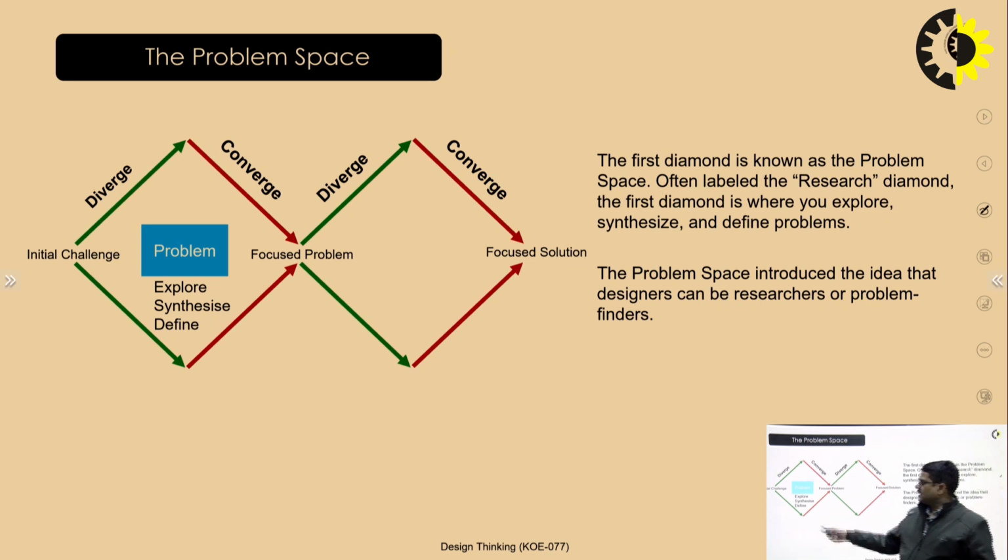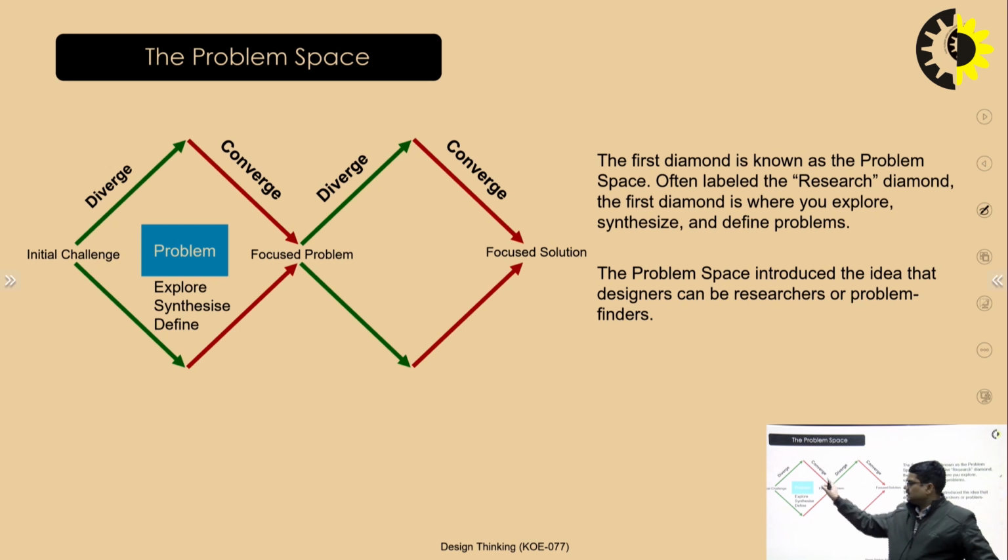So, that is why I am saying that the first diamond is focused on the problem space. Here we have an initial challenge that we need to figure out a particular problem, and to achieve that challenge, we start thinking about multiple problems. We can list those problems, it may be 100, it may be more than 100 as well.